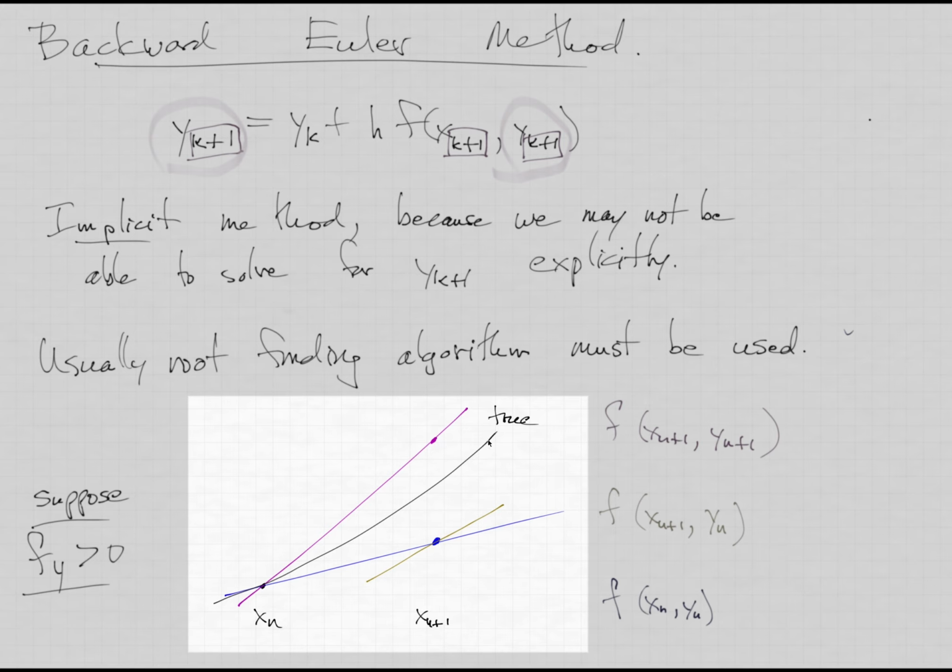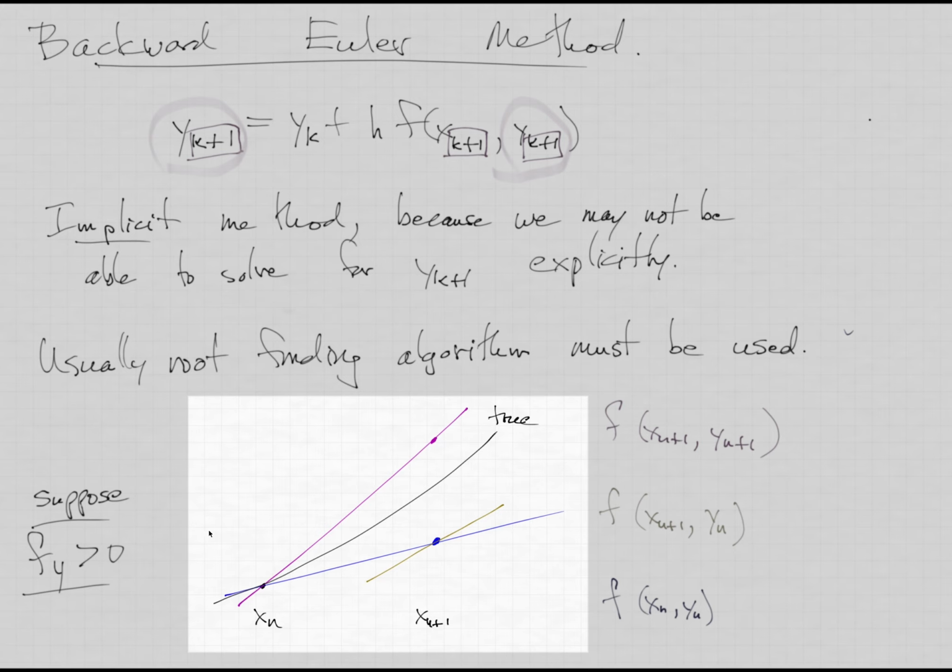Note that in this case, f sub y indicates what the second derivative of y would be, because f represents y prime. So since that's positive, we would expect this to be concave up.